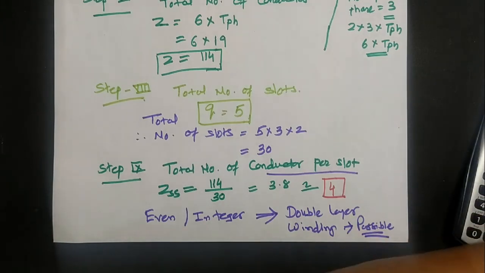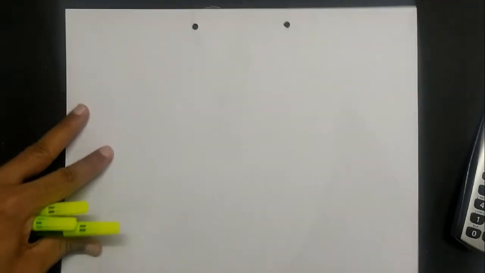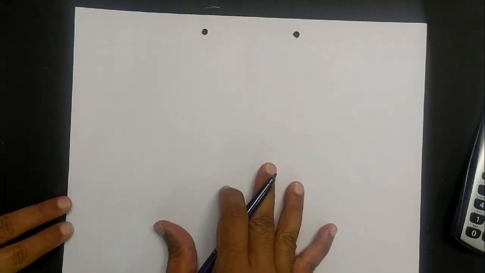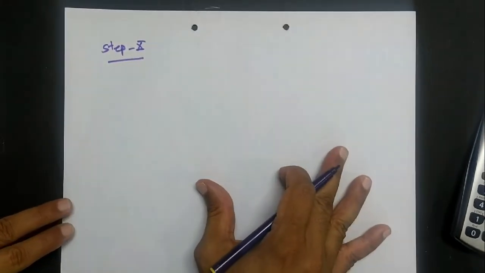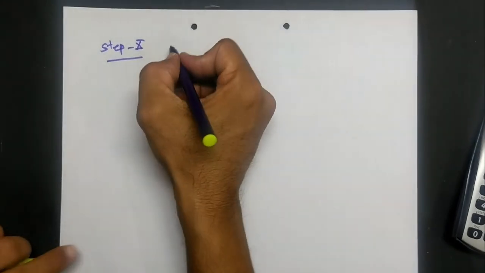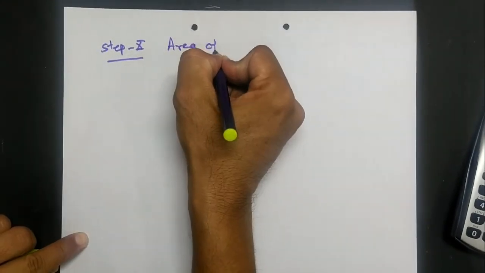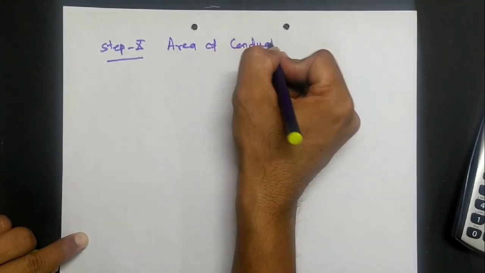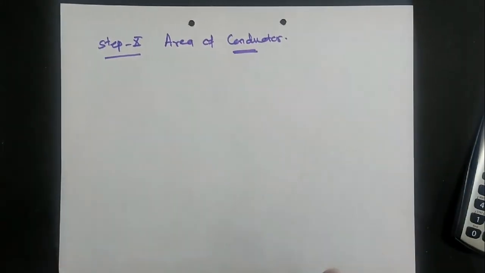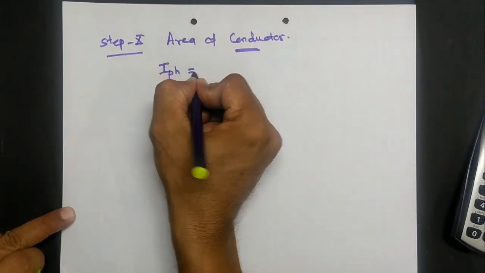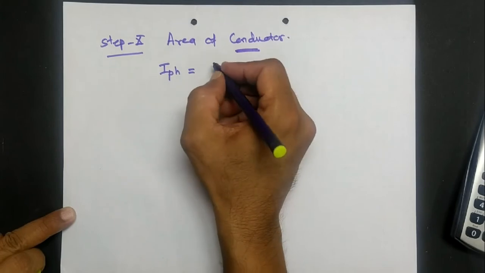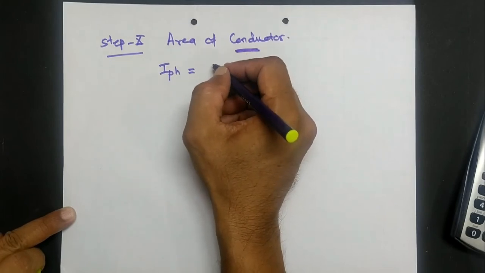Now let us proceed to our last step, step number 10, in which we have to calculate the area of the conductor. To calculate the area of the conductor, first we require the current per phase. To calculate current per phase, we require the VA.